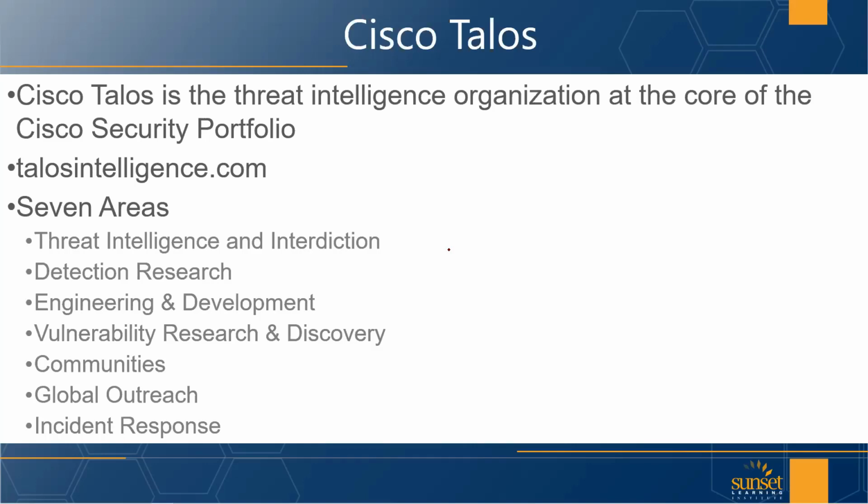So where you can find it is talosintelligence.com. And there are 7 areas. They look at threat intelligence interdiction, detection research. That's a big one, right? Engineering development, vulnerability research. So you can go out to the Talos site, and if you haven't done it, I'd say it's interesting. Go out there and just look at a list of vulnerabilities, and it gives you maps of where they're finding them, what they're looking at.